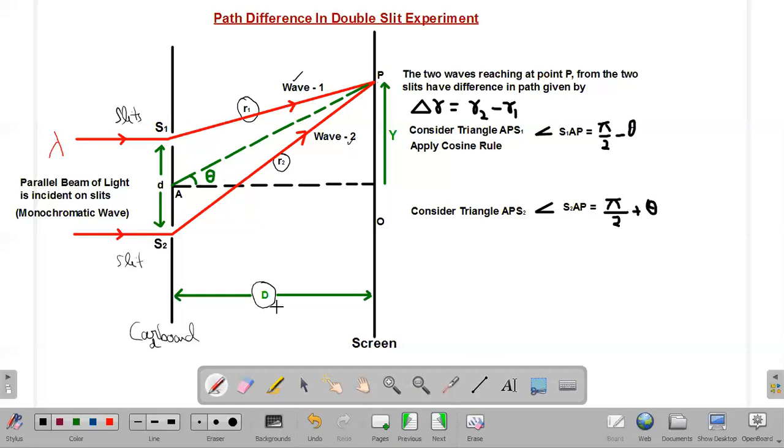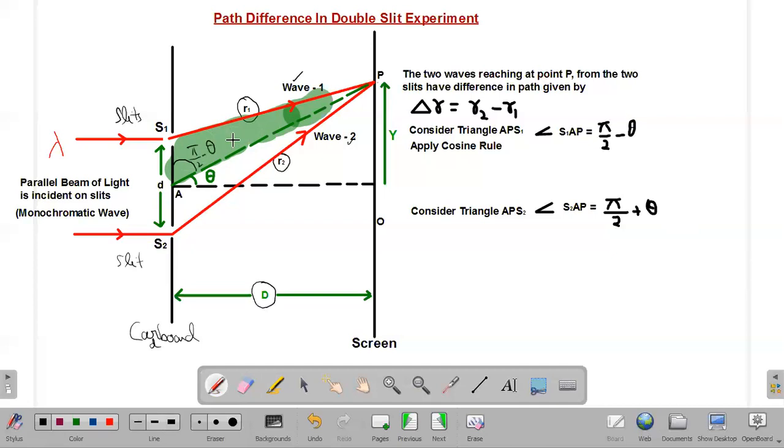For that, we will use some mathematical property of triangles. So first of all, I will follow the triangle S1AP. I will color that triangle. This is the triangle S1AP. In this triangle, you can easily see that the angle S1AP is pi by 2 minus theta.